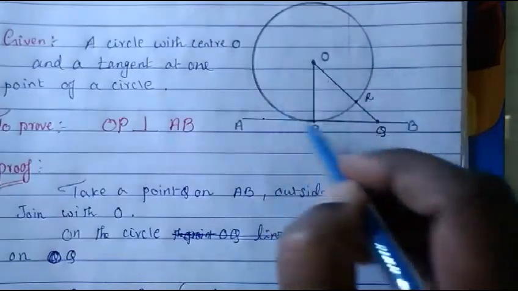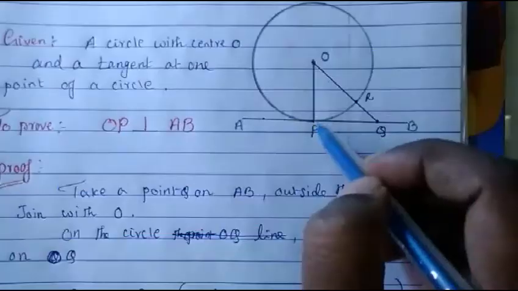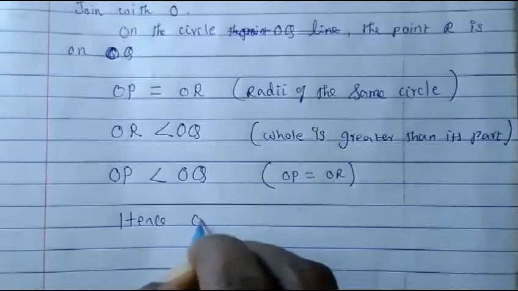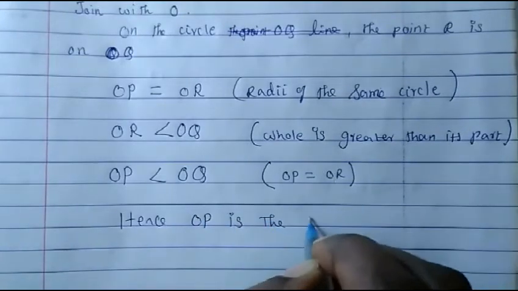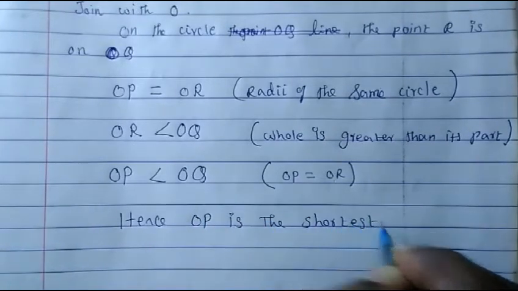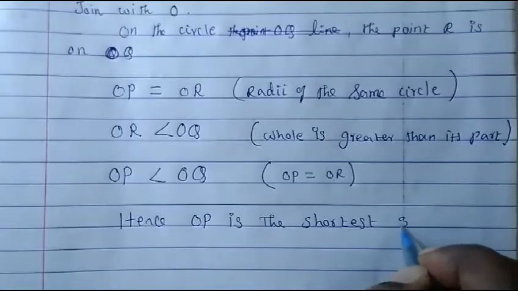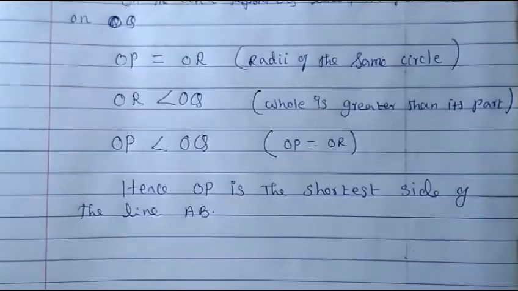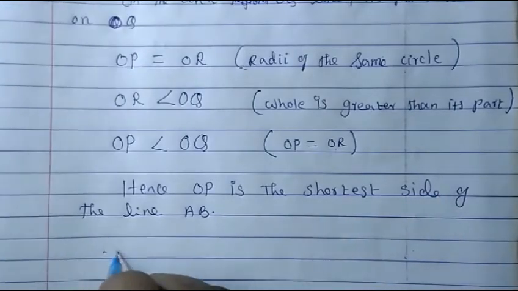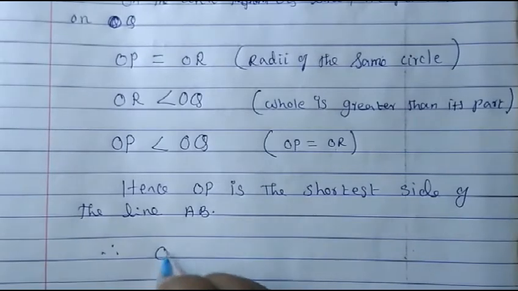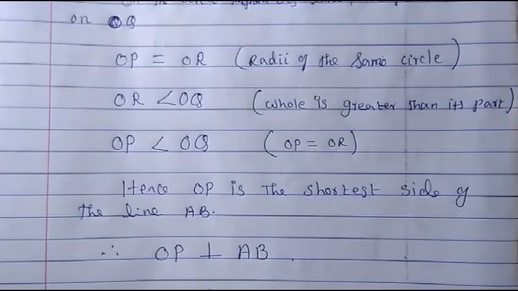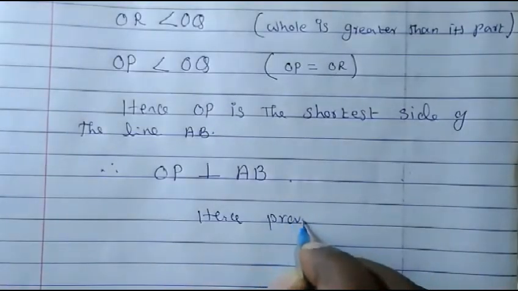Only P is the point of contact. So this becomes the shortest distance. Hence OP is the shortest distance to the line AB. Therefore, OP is perpendicular to AB. Hence proved.